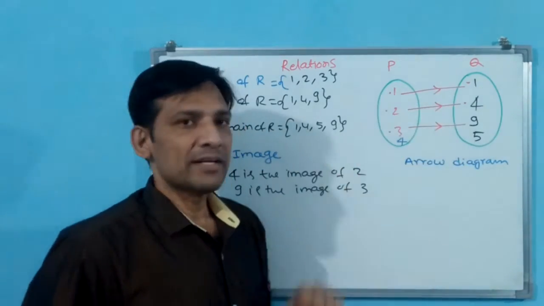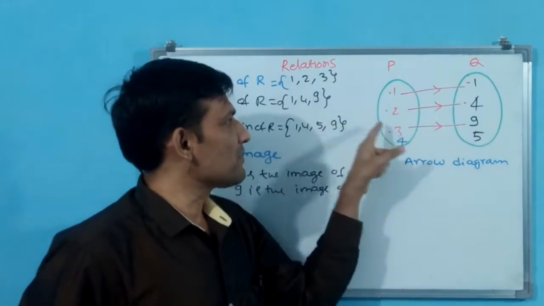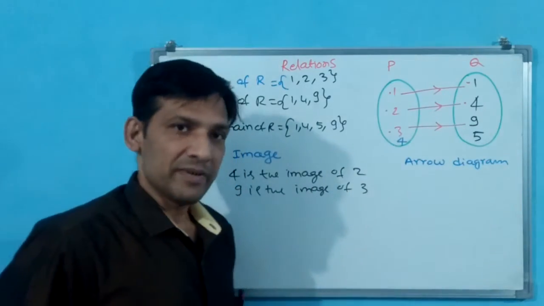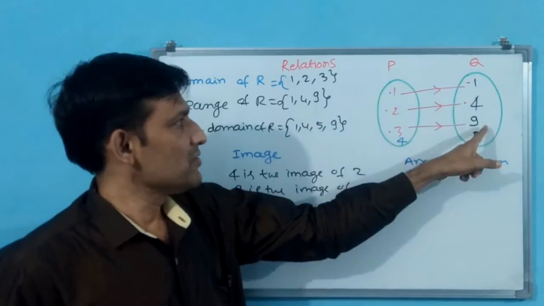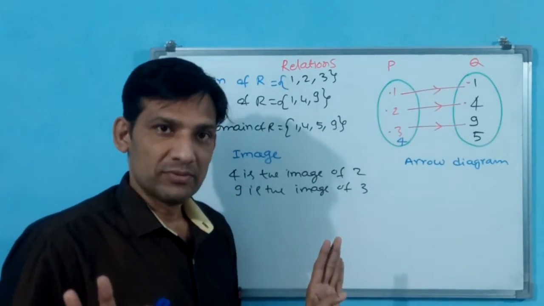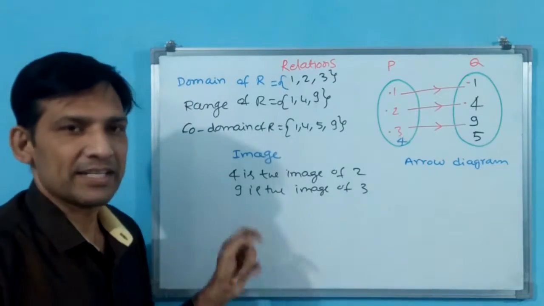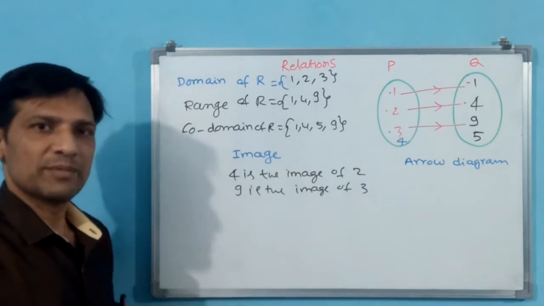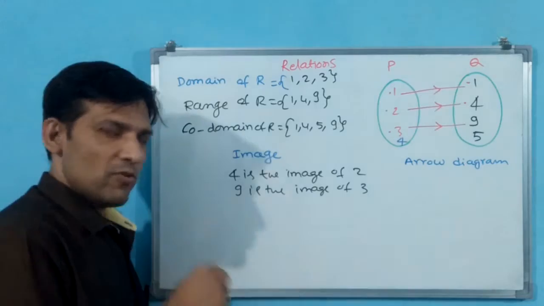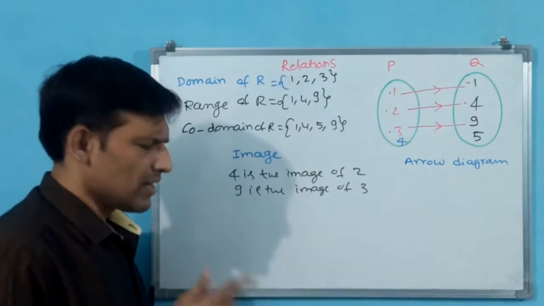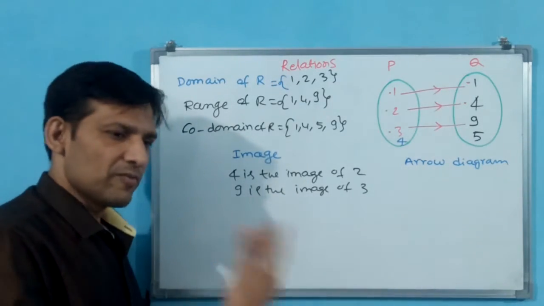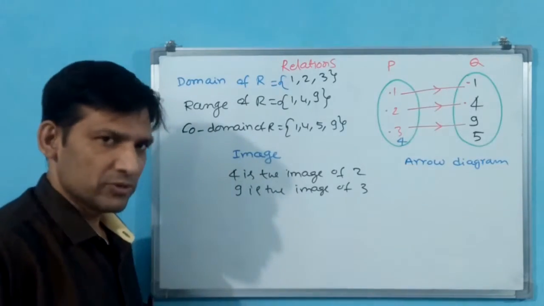1 is the image for 1. 4 is the image for 2. 9 is the image for 3. 9 is not an image for 1 or 2. 9 is only the image of 3. This you have to understand. This is the concept of image. Then we go to pre-image, and afterwards the number of sets and number of relations are also there.